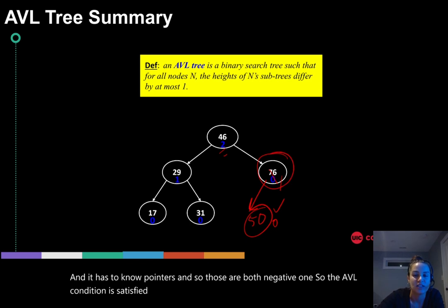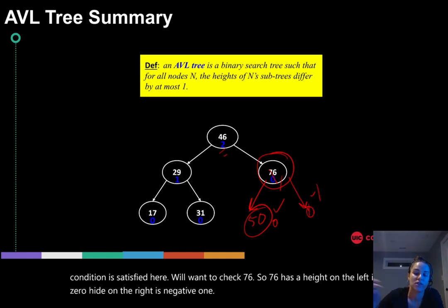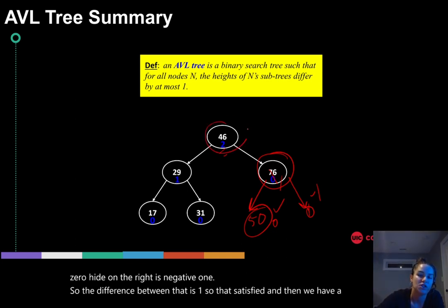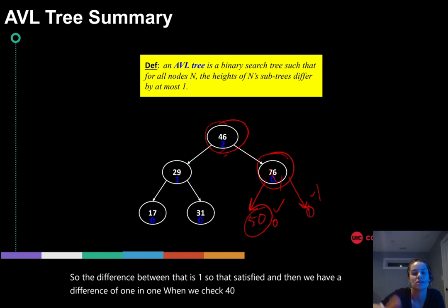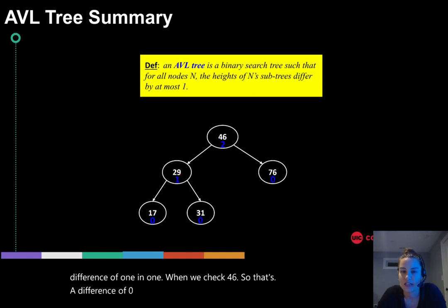We'll want to check 76. So 76 has a height on the left of 0, height on the right of -1. So the difference between that is 1, so that's satisfied. And then we have a difference of 1 and 1 when we check 46, so that's a difference of 0. So when we added 50, it maintains its AVL tree conditions.